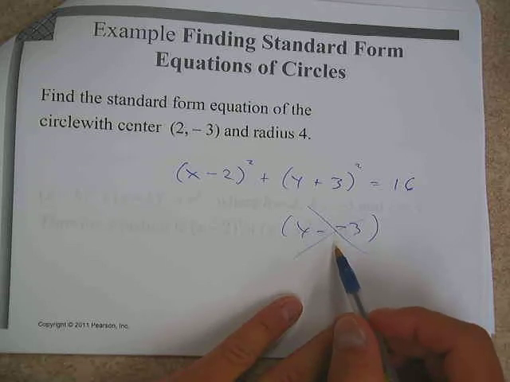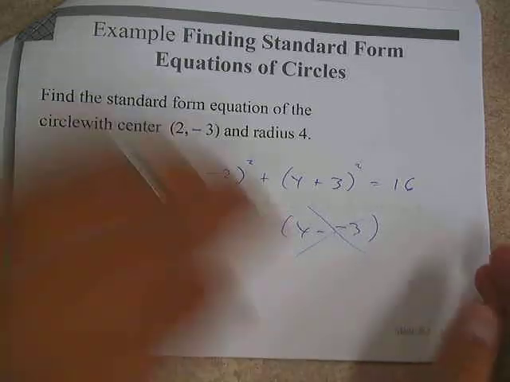Okay, and then of course we don't put 4 here, we put 4 squared, which is 16. So part of our work we're going to be writing some equations for circles just like we did here. One thing that I also would expect here at this point is that if we do have a minus situation, that we don't leave it like that. Okay, we're all good enough mathematicians that we shouldn't leave it looking like that. Okay, if you have a minus, change it to a plus, please. Okay. All right, that is it.